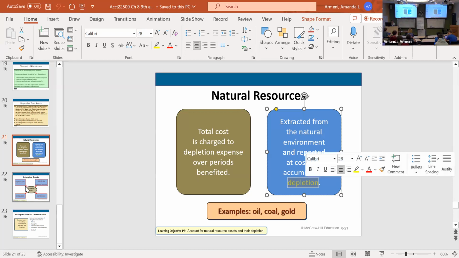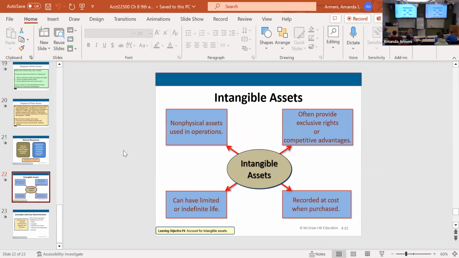And intangible assets. What was the intangible asset I mentioned to you on Wednesday? Trade name, right? Logo. Those are things that, yes, I can physically touch the Nike swoosh that's on my sweatshirt. But in terms of the nature of the asset, we would categorize that as intangible.